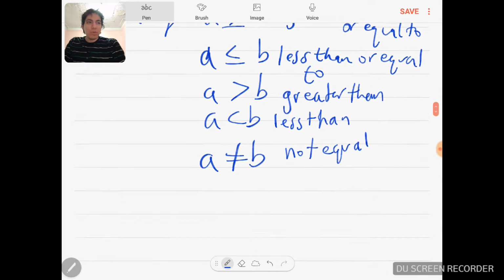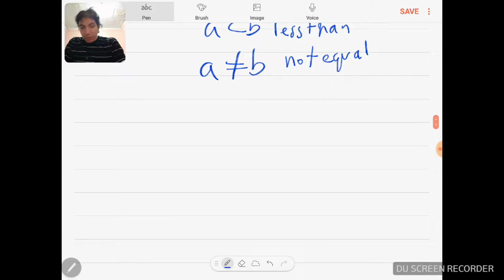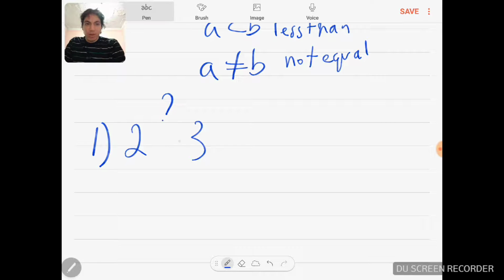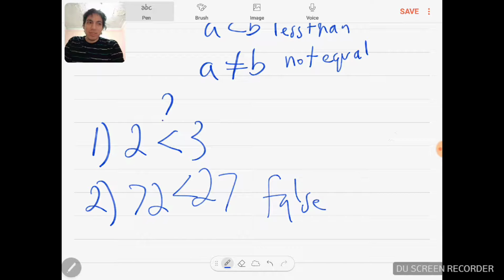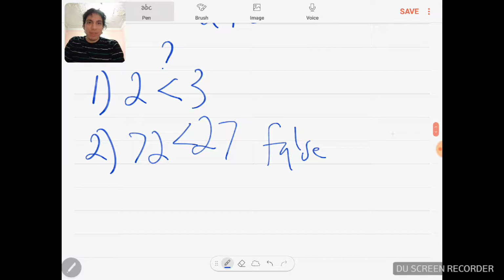Okay, so for example, if I want to make this statement true, what would I have to put here? 2 is technically less than 3, so you'd put the strictly less than symbol. If I put 72 is less than 27, is that true? No, that's false, because 72 is not less than 27, it's greater than.